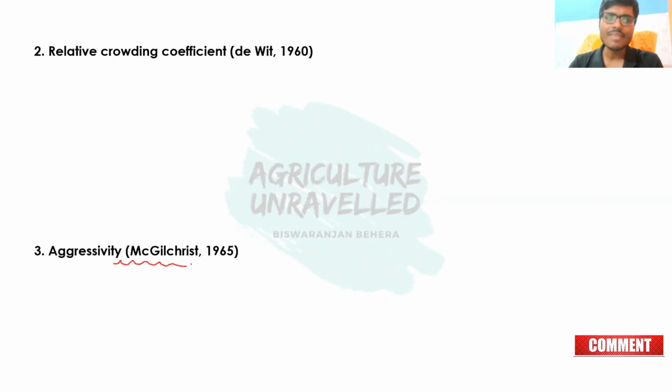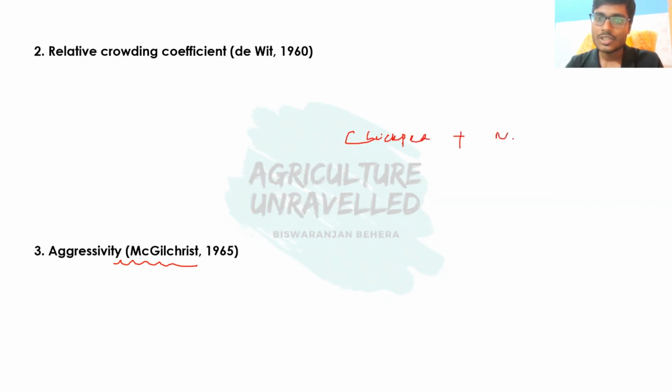This aggressivity was given by Gilchrist in 1965. It indicates the relative increase in yield of one species over another species in an intercropping situation. So for example, chickpea and mustard intercropping is there in the ratio of 4:1.